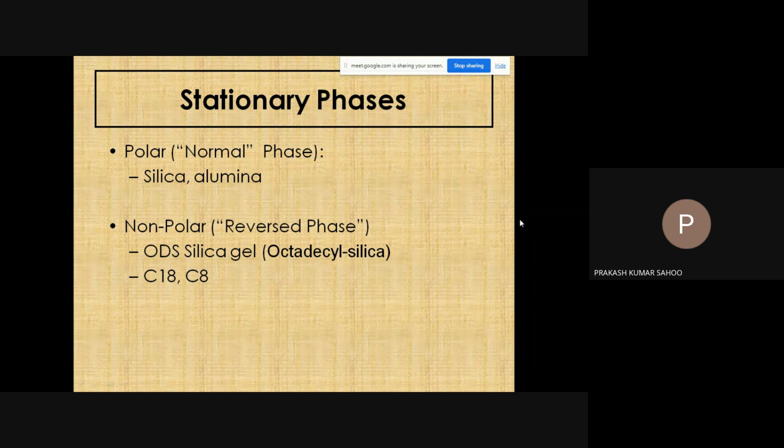Silica is nothing but SiO2, and alumina is Al2O3, aluminum oxide. If it is non-polar, that is known as reversed phase. It is octadecyl silica, in short ODS silica gel, and C18 and C8 are also there.